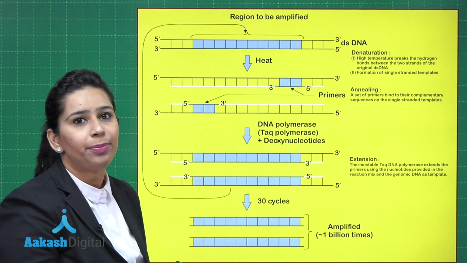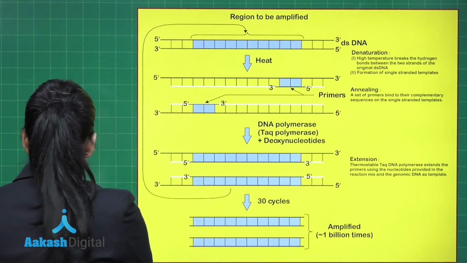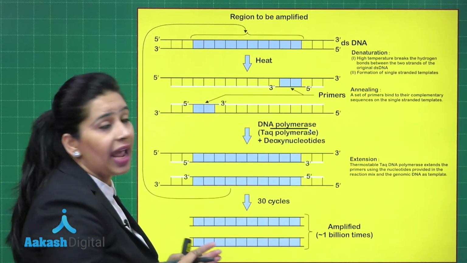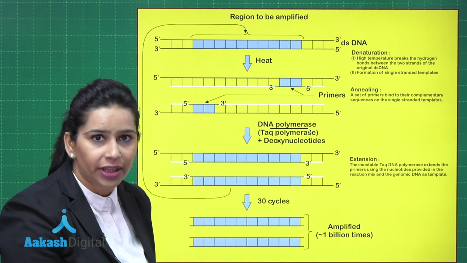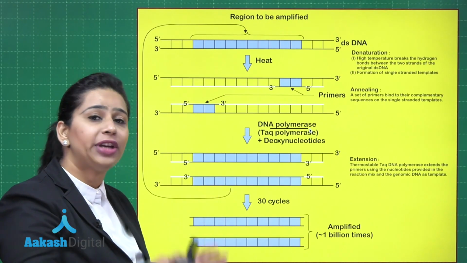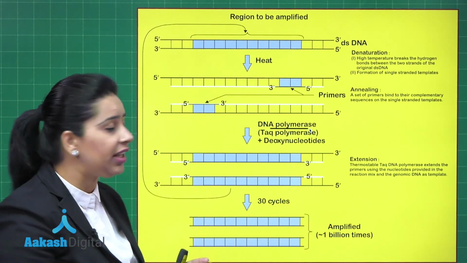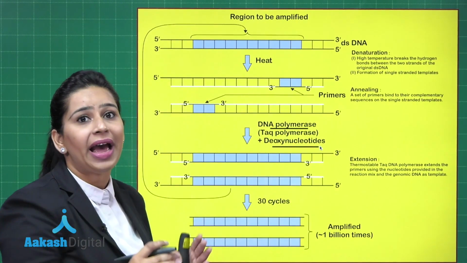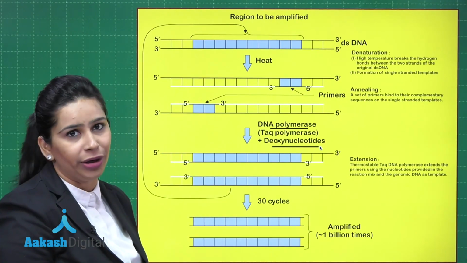Now the last step in PCR is extension, which requires the presence of a thermostable polymerase, that is Taq polymerase, as this step occurs at 72 degrees Celsius, and along with Taq polymerase that has been obtained from Thermus aquaticus, a thermophilic bacterium, we need deoxynucleotides that will act as a raw material for the extension of the DNA by the polymerase.